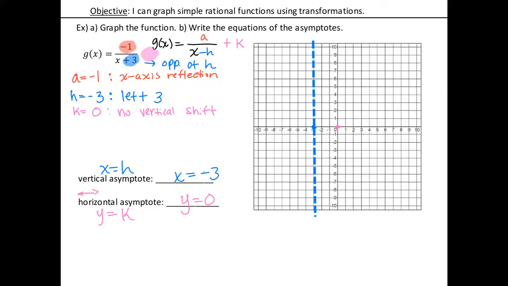I'm going to draw a dashed line. So for my dashed line, it's basically going to be on top of the x-axis. So I have my x equals -3 and my y equals 0.